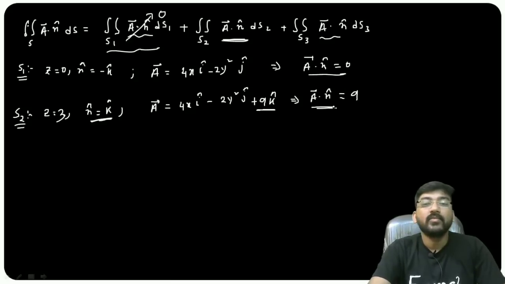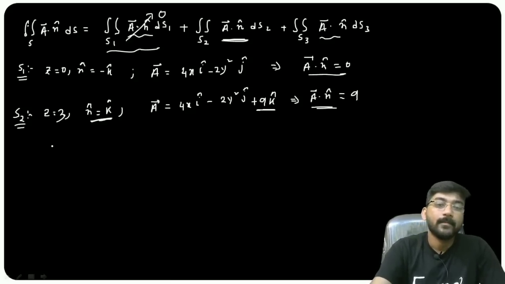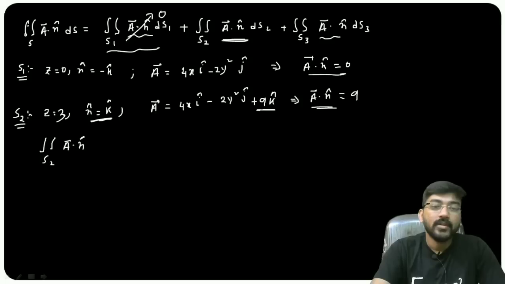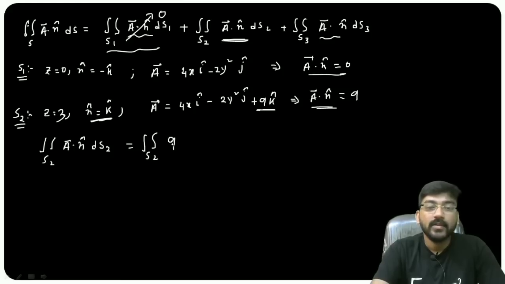So a dot n cap will be 9, so the integration over S2 of a dot n cap ds2 is surface integration of 9 ds2.